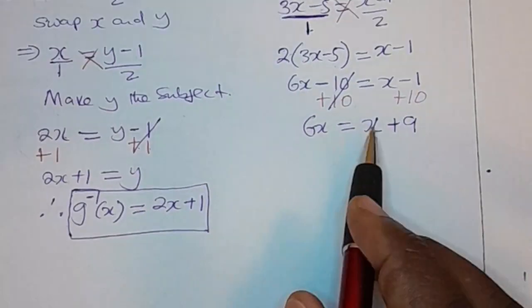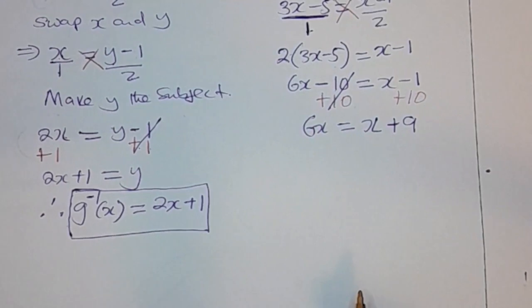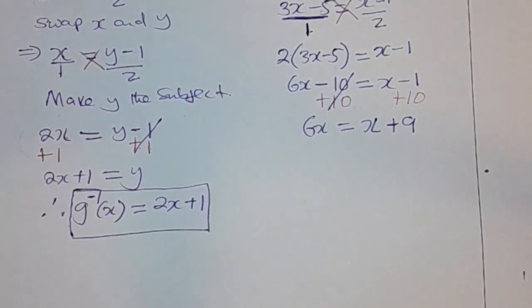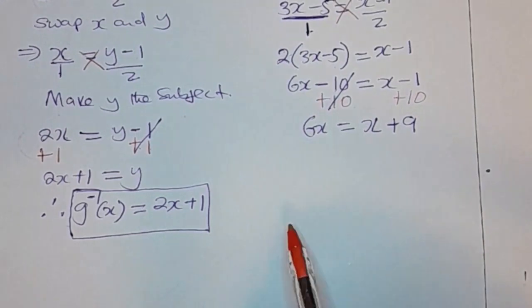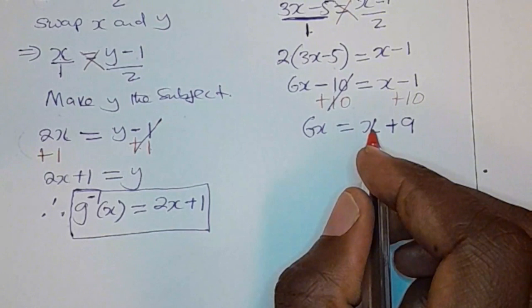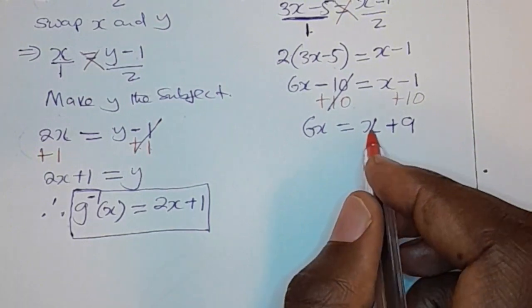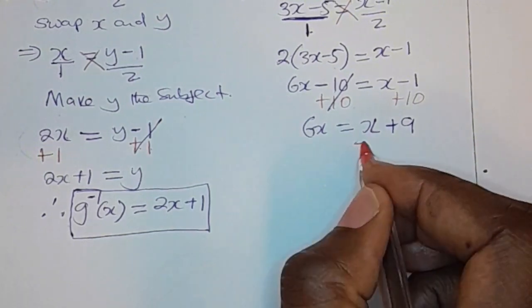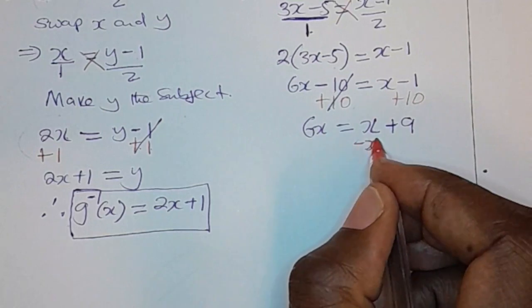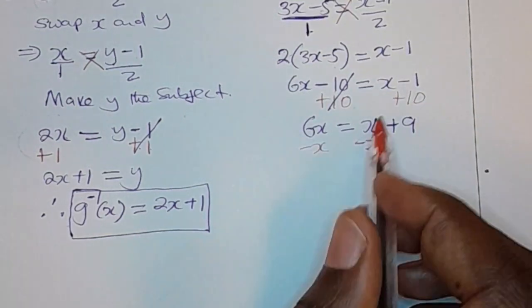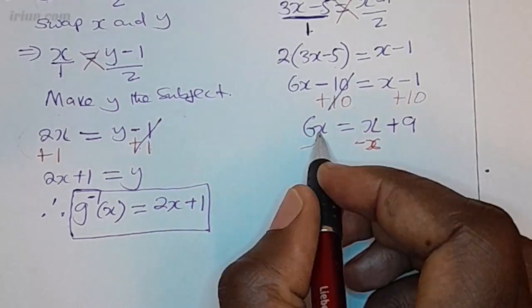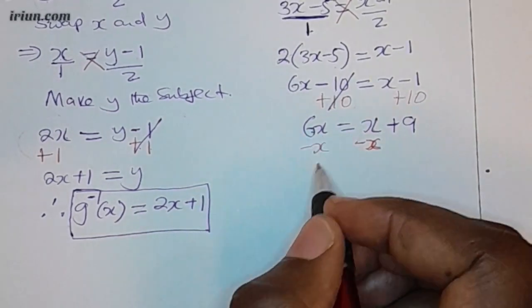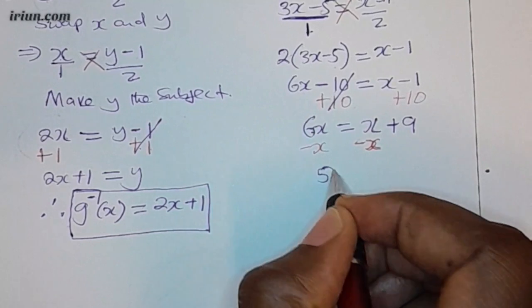Okay, again now we continue collecting like terms together. So let the x again go on their own on one side. So this is positive x. For us to remove positive x, we are going to subtract x on both sides, so that this becomes a 0, and then here we are going to remain with 6x minus x is 5x.